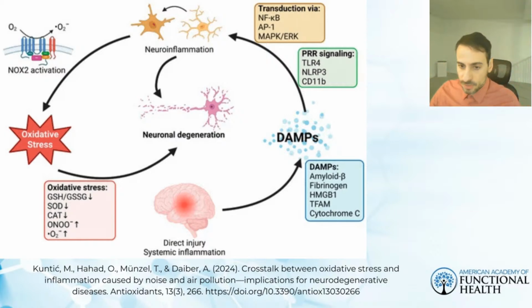But activation of the microglia could lead to a secretion of reactive oxygen species, right? And inflammation. So if we get signals of inflammation, the microglia in the brain and in the peripheral nervous system will be transduced by nuclear factor kappa B. And that will activate the microglia to produce superoxide.